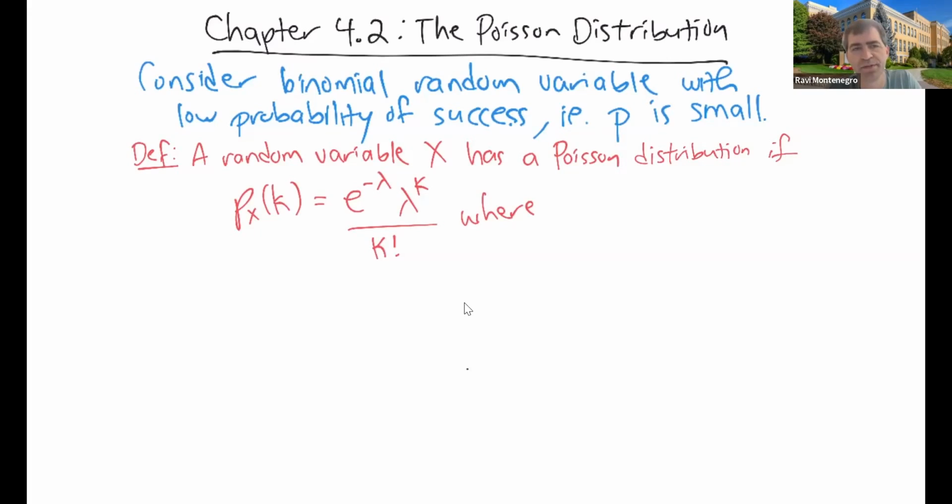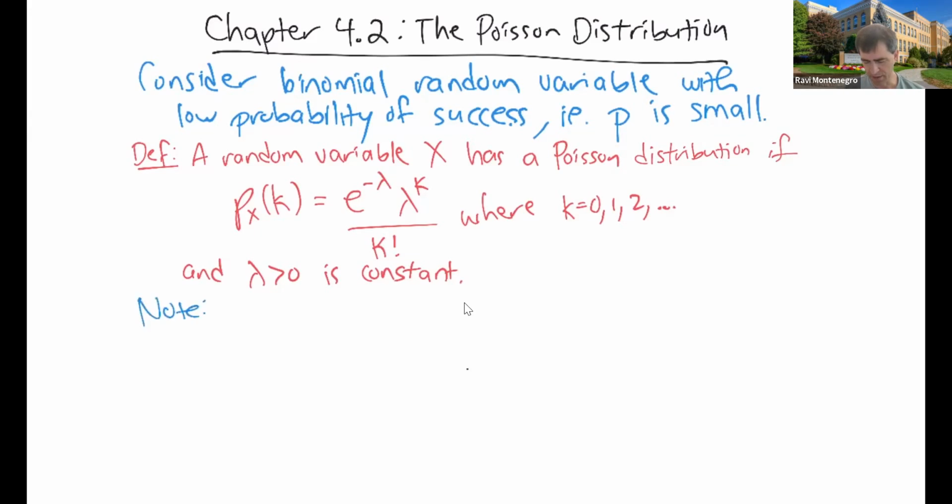So the number of successes in a binomial is an integer. So it could be 0, 1, 2, or so on. Now, what does lambda mean? Lambda is a positive constant. Lambda is called the success rate or the rate. And we'll see that with binomial data, it has a specific value.